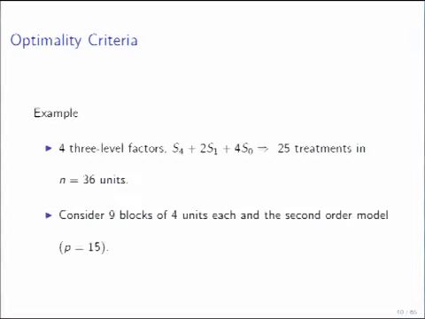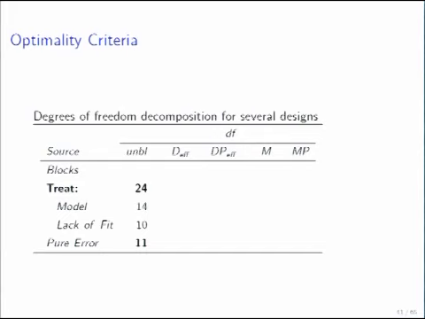Let's consider blocking this treatment set in 9 blocks of 4, with the second order model as a base. In that case, P is 15, including the intercept. For the unblocked design with that treatment set, we have 25 degrees of freedom for treatment, 14 for the model, 10 for lack of fit, and 11 for pure error.